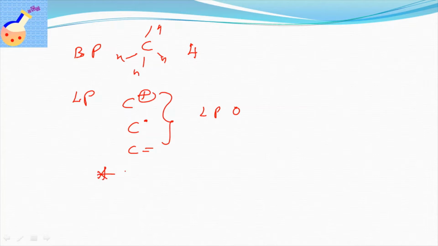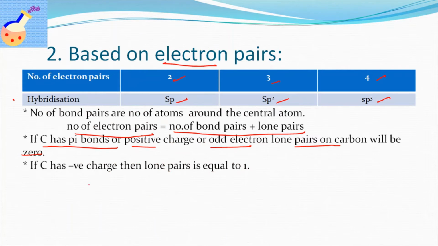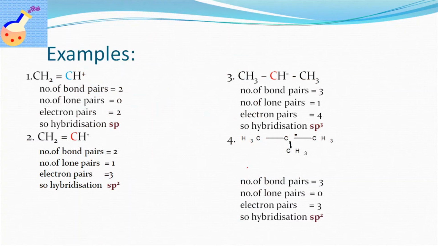And the next important point is if carbon has a negative charge, then the lone pair is 1. So based on these 2 points, we can easily count the number of lone pairs. If you find out bond pairs and lone pairs, we can easily find the number of electron pairs. So electron pairs is equal to bond pairs plus lone pairs.